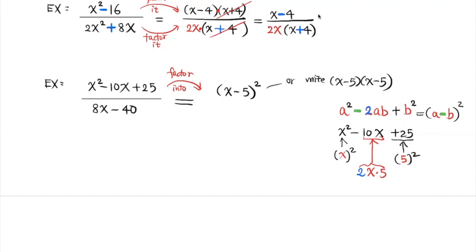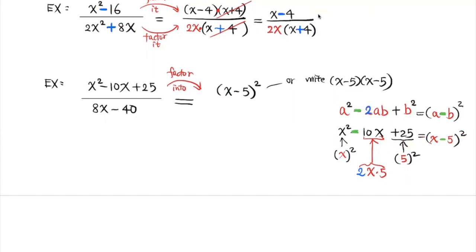So we can write this as the perfect square of x, and here's 5. In between, remember, when this is minus, then this will be minus between these two. So this is the perfect square of x minus 5.